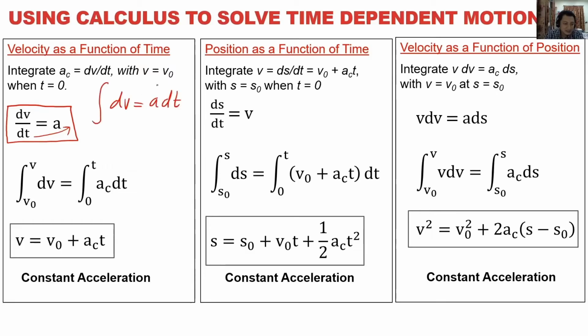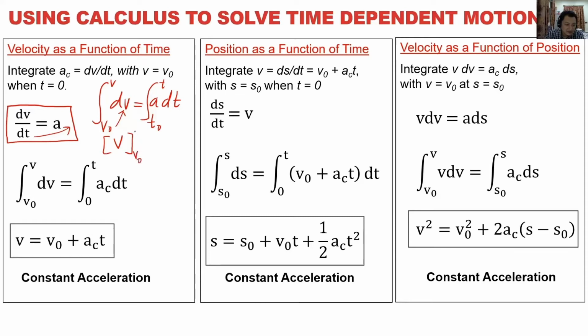So integrate both sides. This one will be original v to final v, original time to final time. If you integrate, you expand the thing, so you have to plug in. This one, dv, you get v.